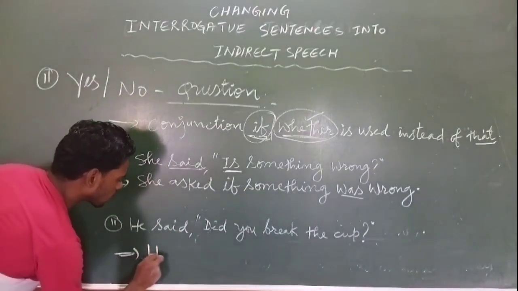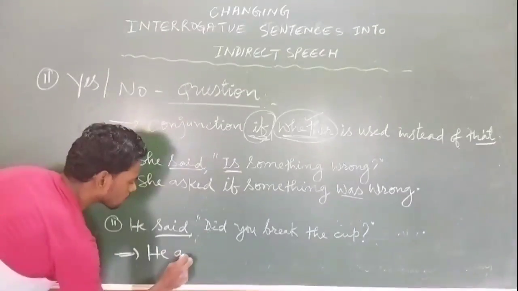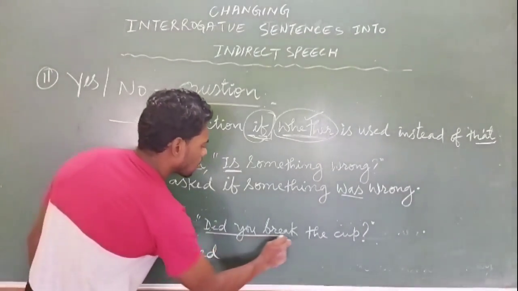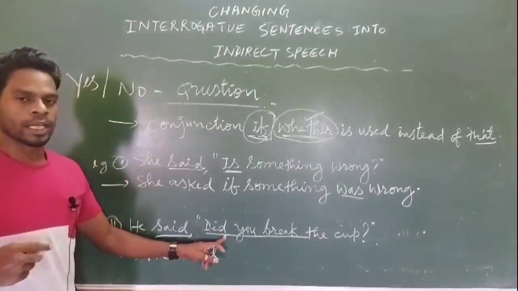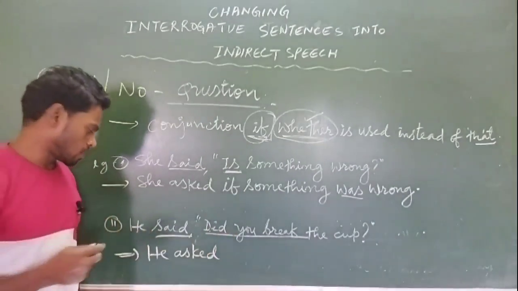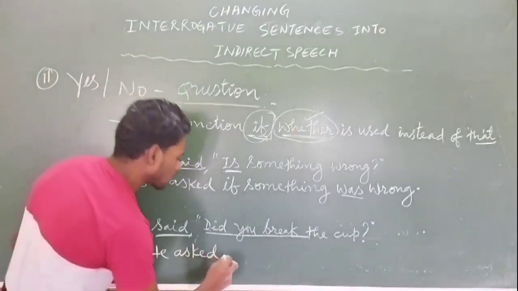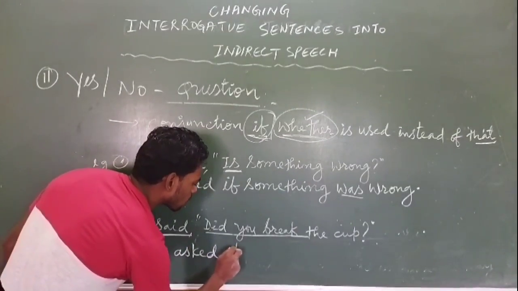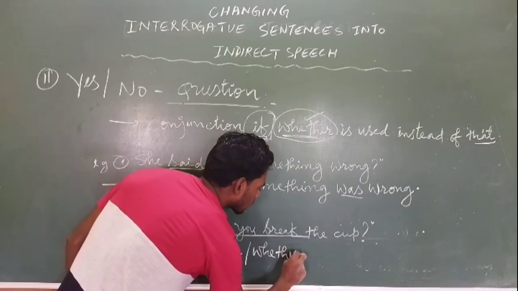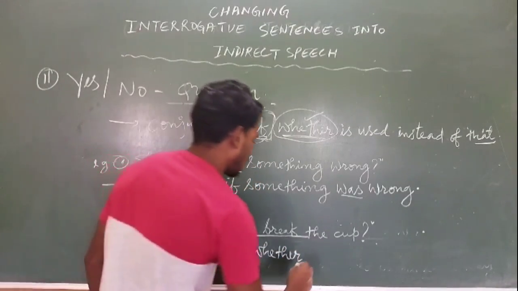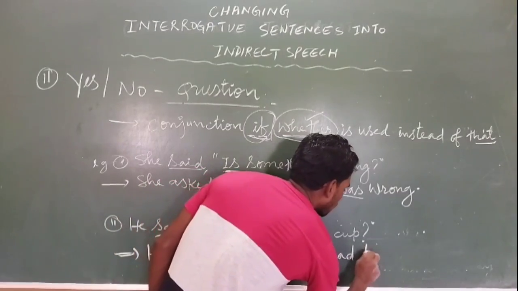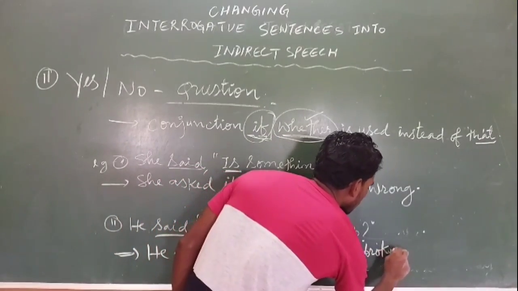So said will change into asked. Then this is past simple tense, so past simple tense will change into past perfect tense. So he asked if or whether I had broken the cup.